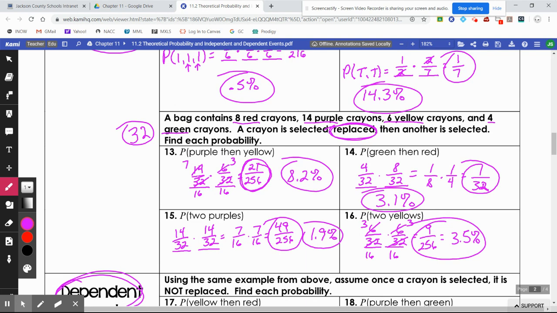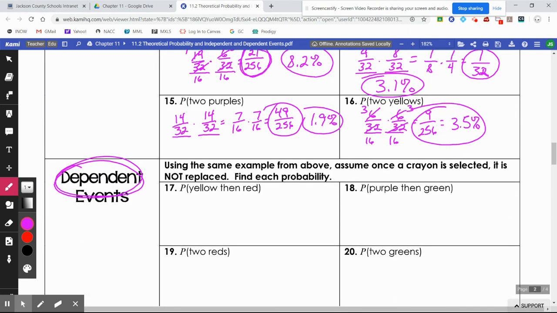What if I draw out 5 crayons and I want to know the probability that all 5 are green? Well, if you replace them, if you draw one out and put it back in, draw one out and put it back in, it's the same. It works out. But since we only have 4 greens, the probability of drawing out a 5th green we know would be impossible unless we replace them. So therefore, that's the reason that the previous draws actually influence the later draws.